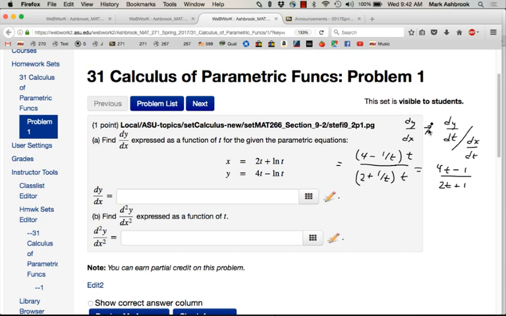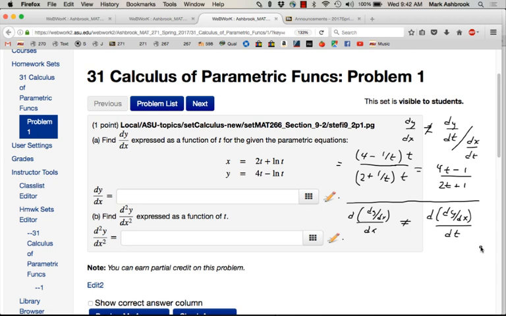Okay, so the same thing now applies to the second derivative. The derivative of dy/dx with respect to x is not equal to the derivative of dy/dx with respect to t. Those are two different things.